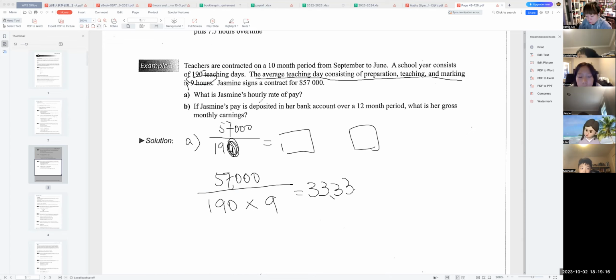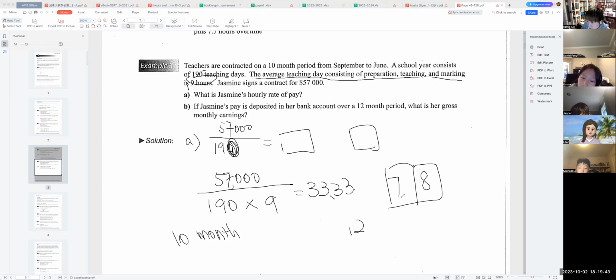所以 Emma, 你看做老师是不是很辛苦的？对不对？每天要工作那么长时间，对不对？Okay, if Jasmine pays deposit in her bank account over a 12-month period. 好，那小朋友说，老师如果每10个月工作的，他怎么发工资的呢？他是把这个10个月的工资平均到12个月发，不然的话，他一放假7月份和8月份就没有钱拿了，那他怎么办？喝西北风，不行，对不对？So you have to equally make this $57,000 in 12.